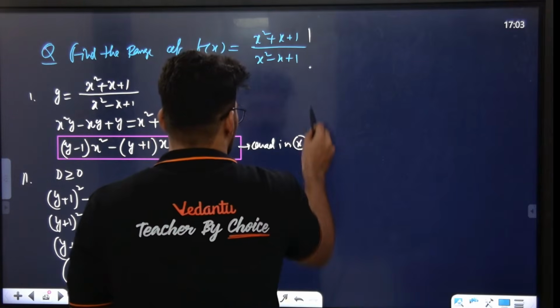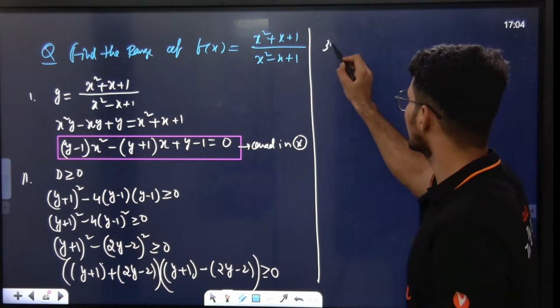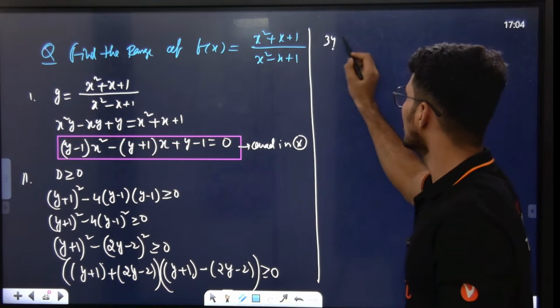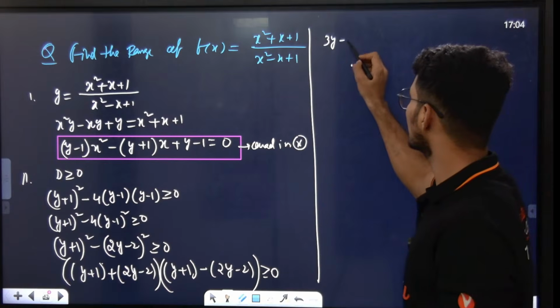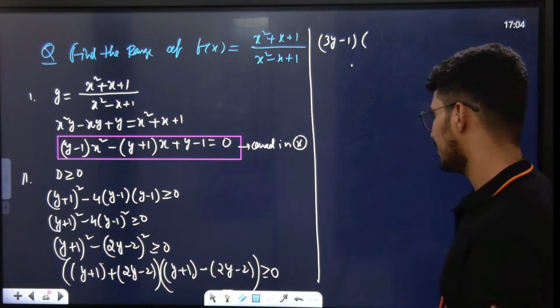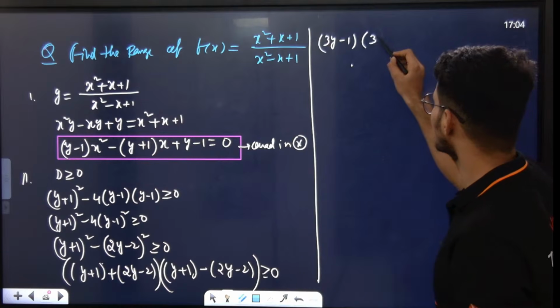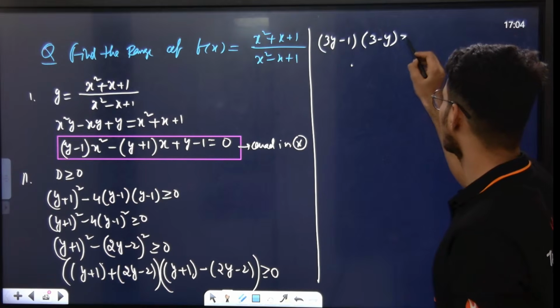Now look at the board everyone. Sir, we got this. Now simplify panna, 3y minus 1 into minus y plus 3 greater than or equal to 0.